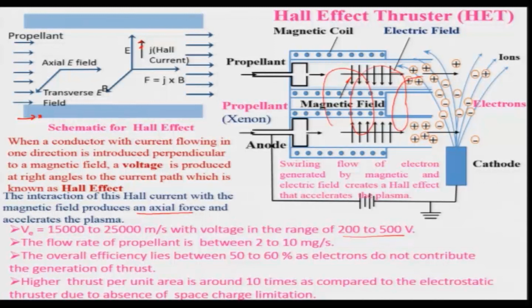The overall efficiency lies between 50 to 60%, as the electrons do not contribute to the generation of thrust, and the thrust per unit area is around 10 times higher as compared to the electrostatic thruster due to absence of space charge limitation, because the space charge limitation hinders the performance of the electrostatic thruster, and therefore the Hall effect thruster is being preferred over others.